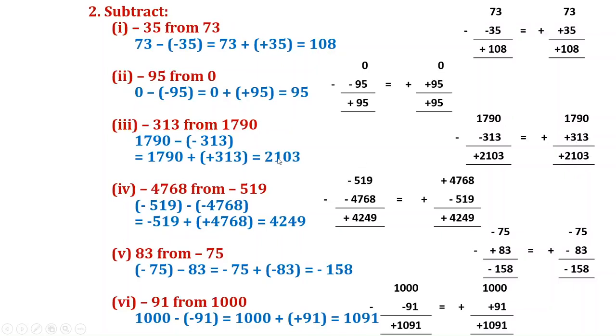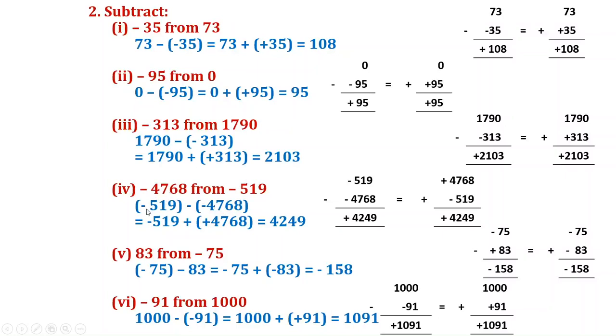2103. So next, fourth one: subtract minus 4768 from minus 519. So from minus 519 you have to subtract the first number.